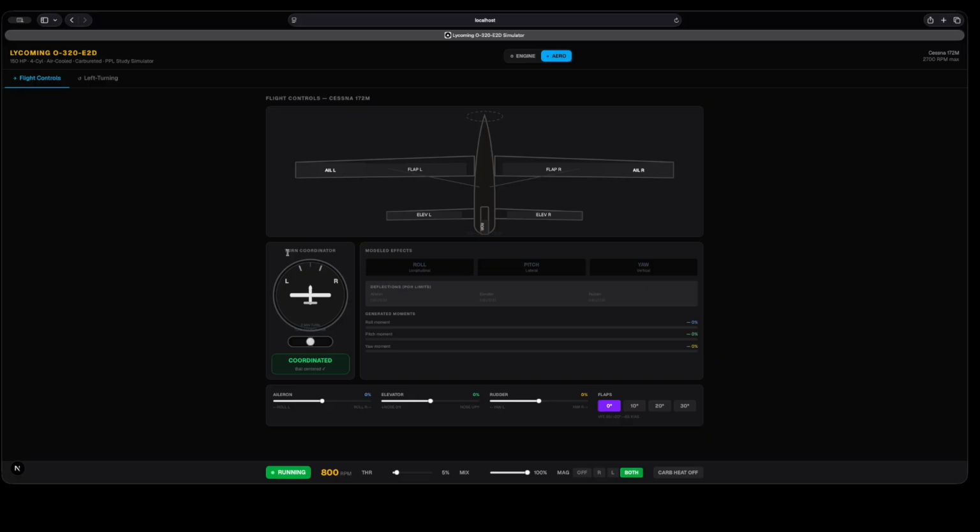I thought it was valuable to have a visual model for what's actually going on in the airframe in these conditions.